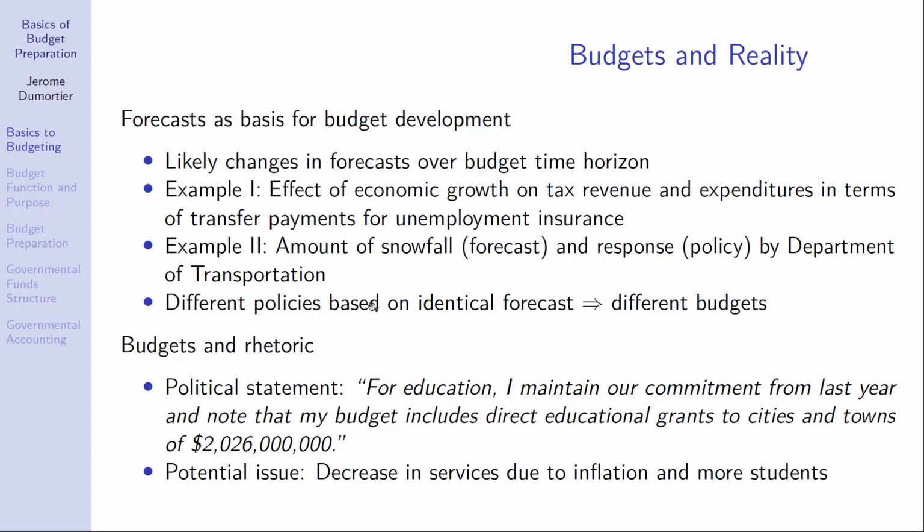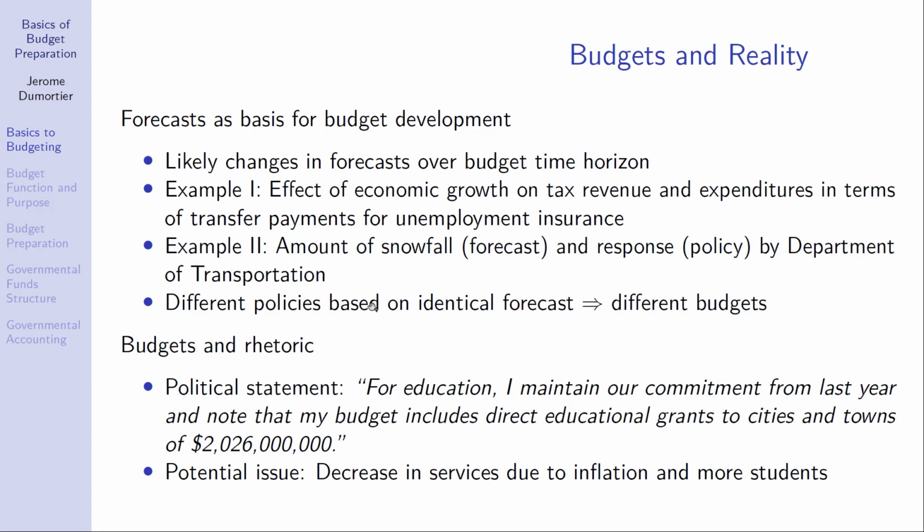So for example, there was a statement made by a governor, and it said that, "For education, I maintain our commitment from last year and note that my budget includes direct educational grants to cities and towns of $2 billion." Now, this may not necessarily be true if you think, for example, that the educational service may have increased in price due to inflation, or there may also be more students.